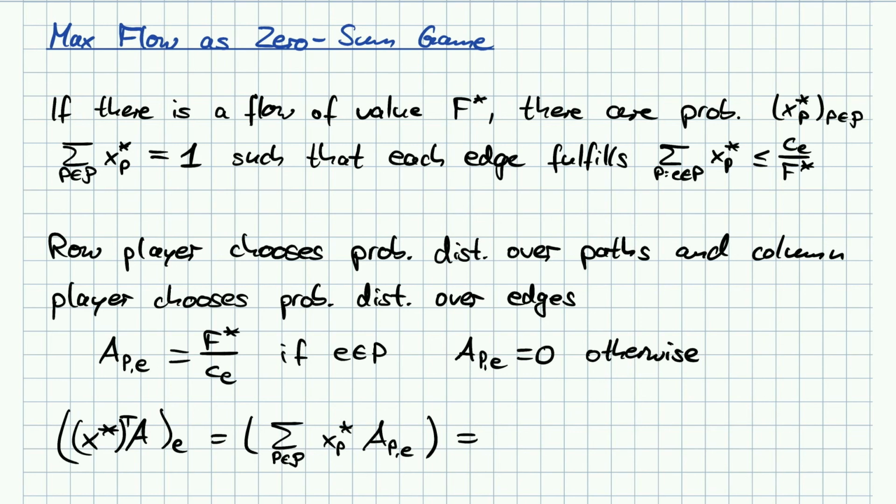And this will be nothing but the sum over all paths which include edge E of x_P star times F star over C_E, and this will be at most 1. And this holds for all edges.